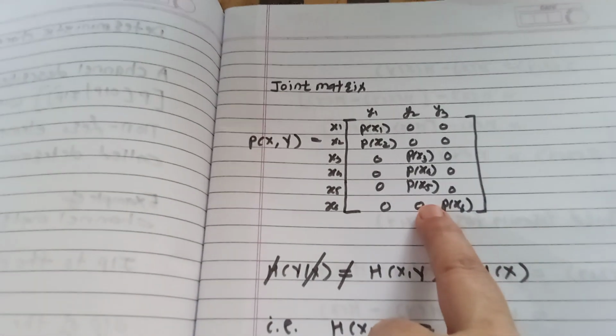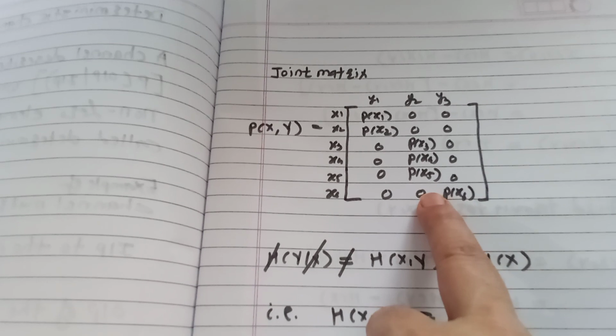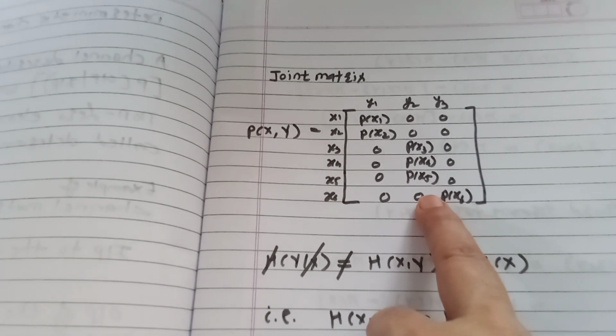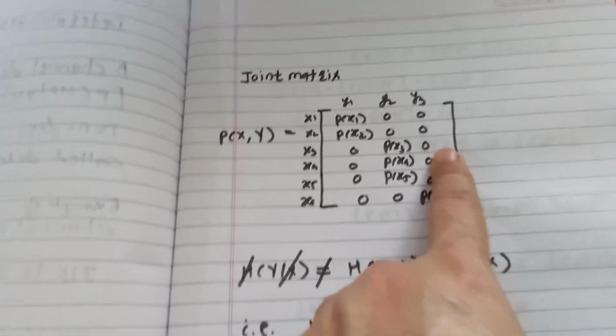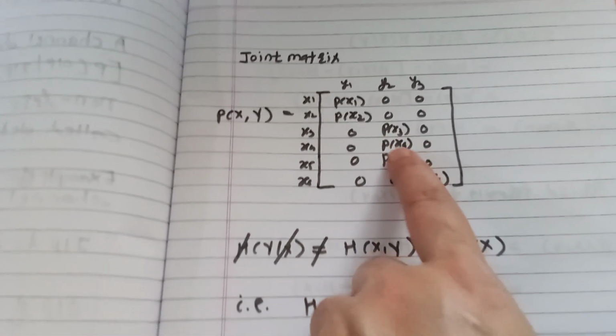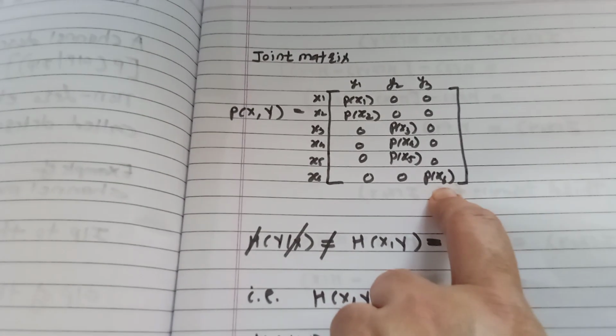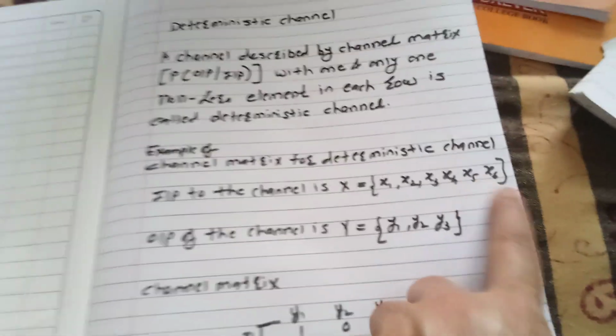Now we are not going to find the entropies. We will observe what the entropies could be and write down the equations. In P(X,Y), you can see that all the probabilities are either p(x1), p(x2), p(x3), p(x4), p(x5), p(x6), and in the input symbols x1 to x6, the probabilities are p(x1), p(x2), p(x3), p(x4), p(x5), p(x6).